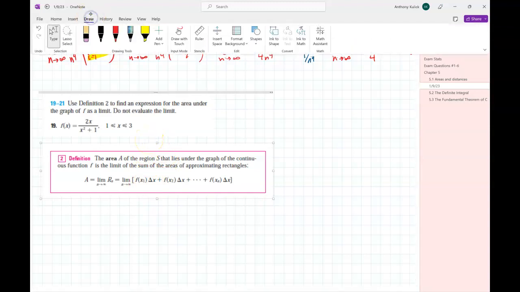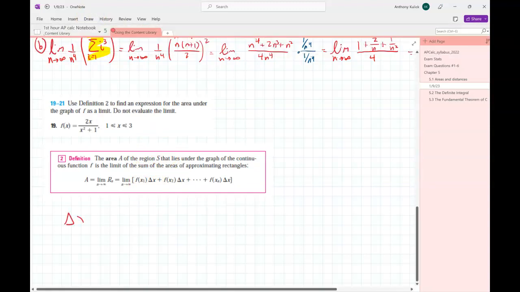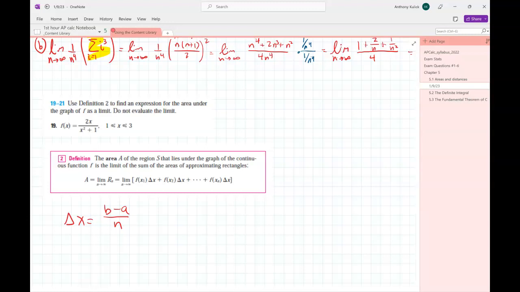So the first thing I'm going to do is calculate my delta x, which is b minus a divided by n, where the a and b are just the endpoints of what I'm evaluating over. So that's 2 over n.